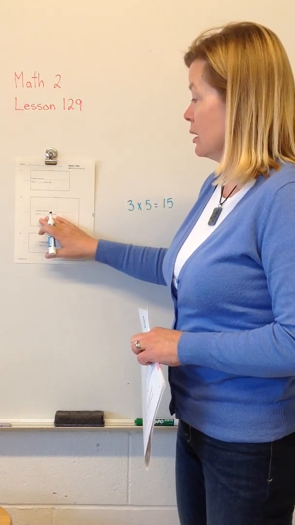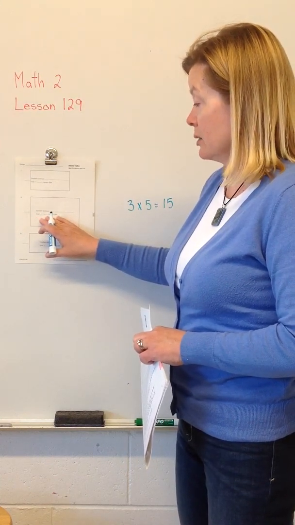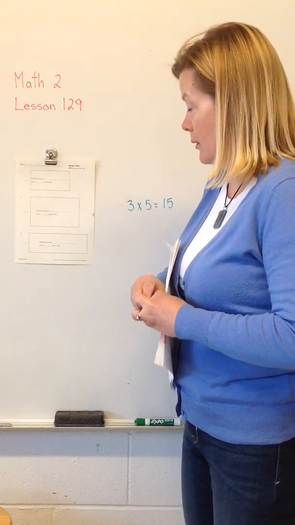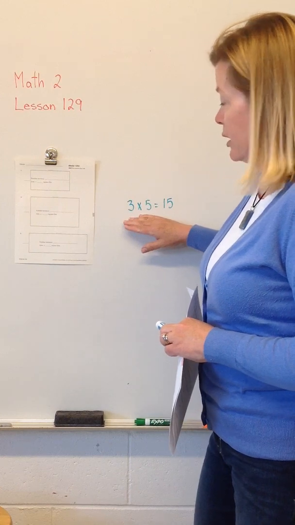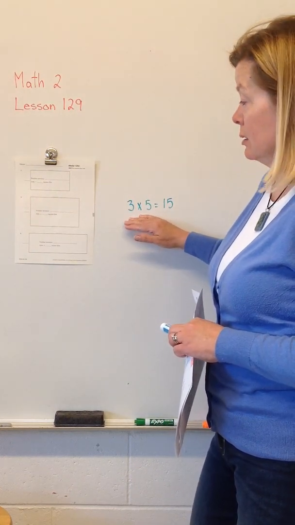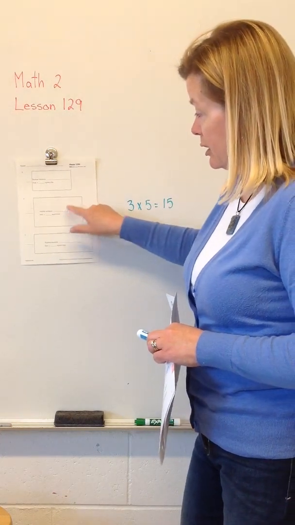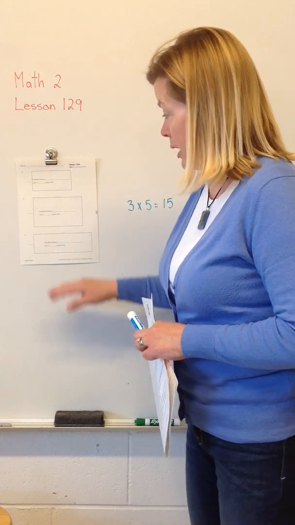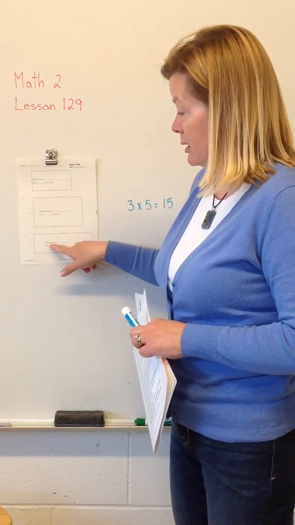Area equals 15 square tiles. So I'm writing your number sentence here on the board so that you can see what it is. Otherwise, if I were to write it here, you wouldn't be able to see what it is at home. Okay, let's move on to the third one.